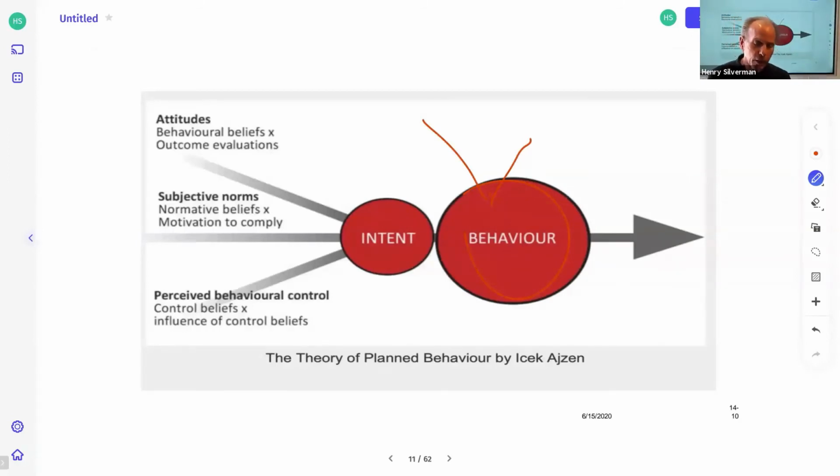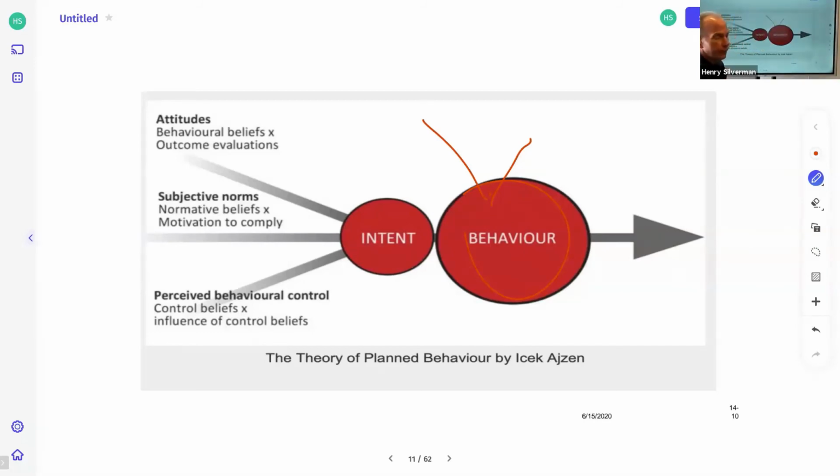Now, why do a lot of companies do market research? What's their end goal? They're not interested in healthy behavior. They're interested in consumer behavior, and they want to know why certain consumers would buy one product versus the other.